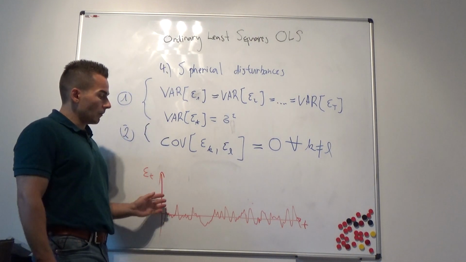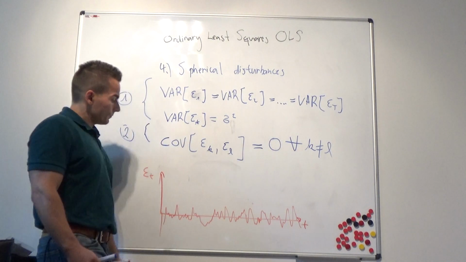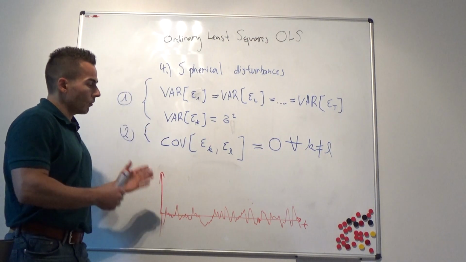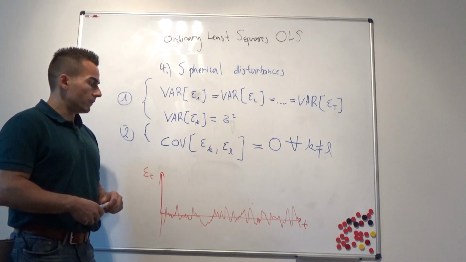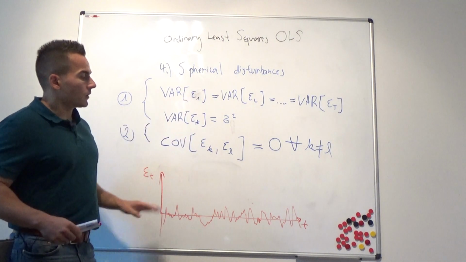Yeah? There's no autocorrelation and the variance seems to be the same. This is basically how the residual process should look. There should be no information in these residuals. Yeah? So that's basically what these two assumptions require.